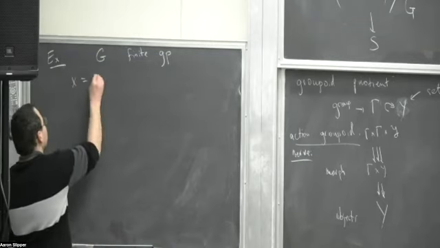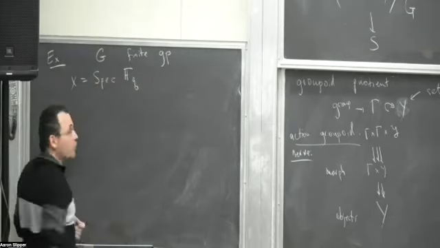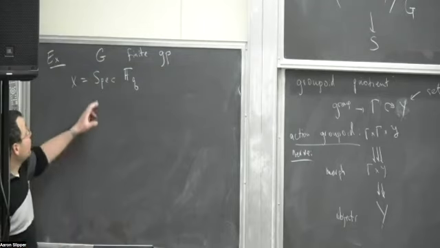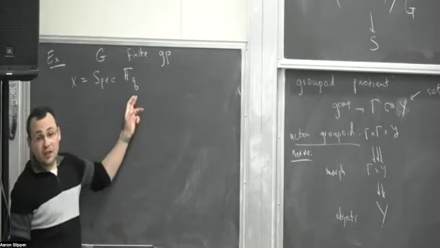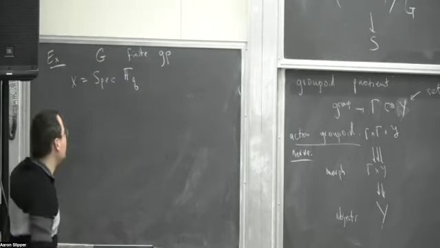And X, let's take this to be spec of F_q, the finite field. So I want to do this in the case of a non-algebraically closed field. So it's a point, but not an algebraically closed point.